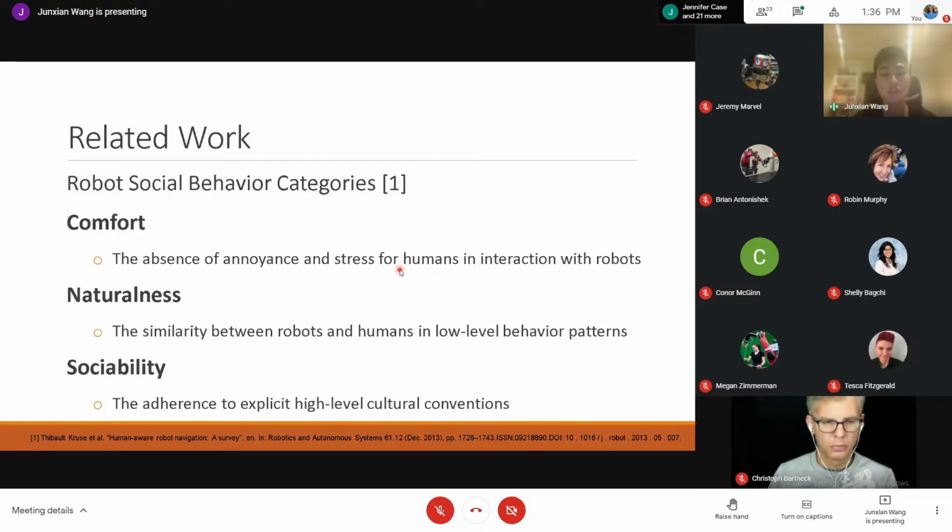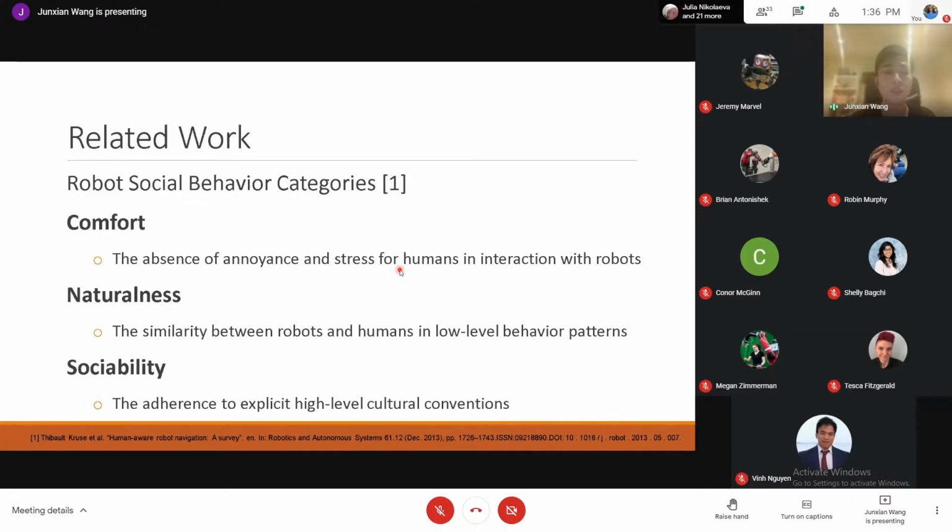Secondly, naturalness is the similarity between the robots and humans in low-level behavior patterns. This means that humans can expect the robots to navigate in a similar manner, so they become used to the presence of robots. And lastly, sociability is the adherence to explicit high-level cultural conventions. Different cultural backgrounds often have a diversified range of navigation rules that the robots can adapt to.